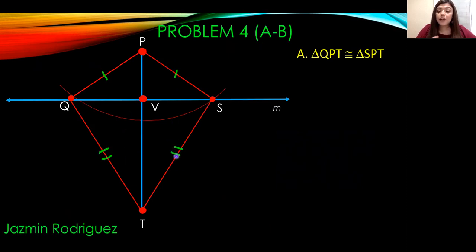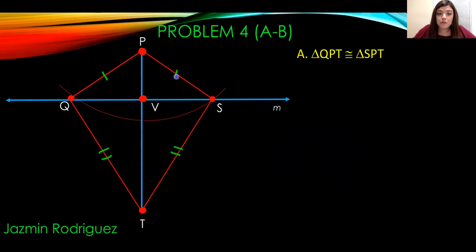And I think that we are going to be able to prove this through the SSS property, which is side, side, side, which states that if 3 sides of one triangle are equal to 3 sides of another triangle, then they are congruent. And as we can see, they have actually already given us a little bit of clue information. These lines right here mean that they are equal.